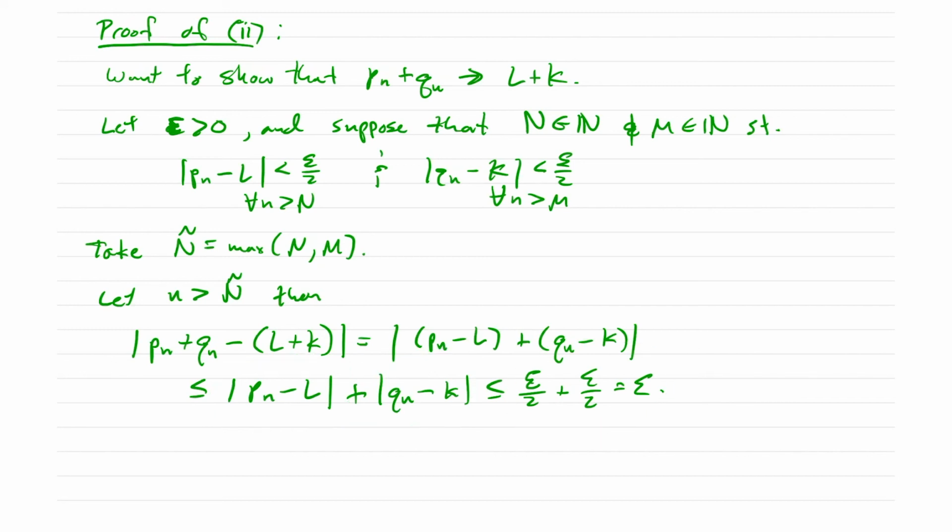Though I should emphasize, if we just did epsilon instead of epsilon over 2, we would have just gotten 2 epsilon at the end, and that would have been fine. Just as long as we can keep making epsilon smaller and smaller, we can pick an epsilon that would be underneath 2 epsilon, etc. We'd pick another epsilon that would end up making 2 epsilon into epsilon. Anyway, epsilon over 2 just keeps everything cleaner.